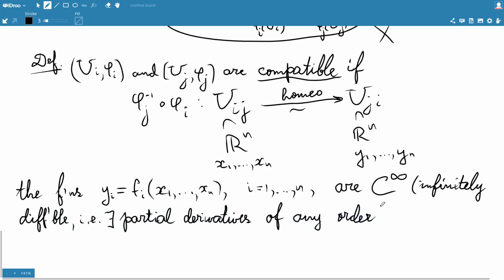Then these derivatives are automatically continuous. So it is enough to say that there exist partial derivatives of any positive order k.